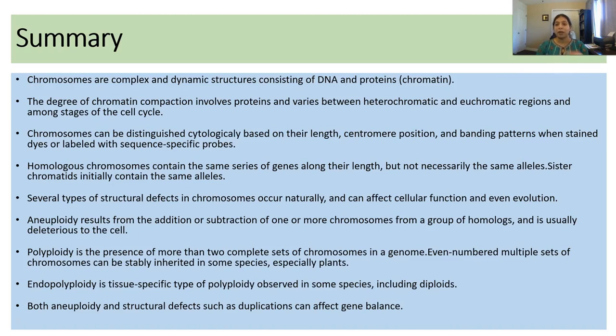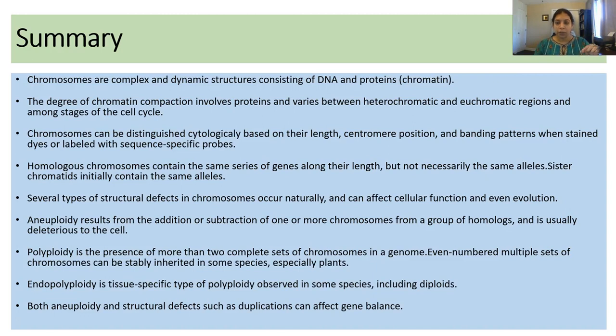This can also happen in other diploid organisms, and we'll talk about some examples of those later. Both aneuploidy as well as any kind of structural defect in sections of chromosomes because of insertions, deletions, translocations will affect overall gene balance and lead to a deleterious response, could lead to genetic disorders of various types, and we'll see examples of them all throughout the semester.